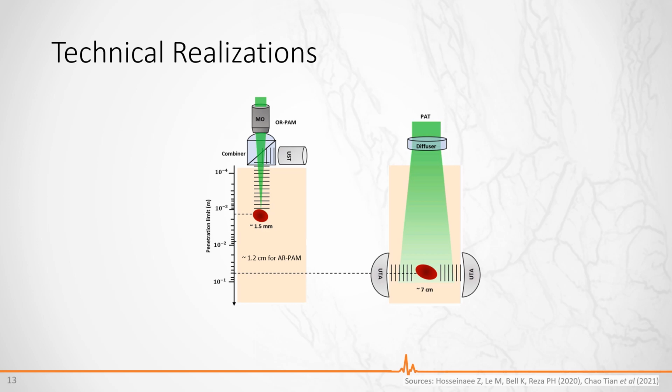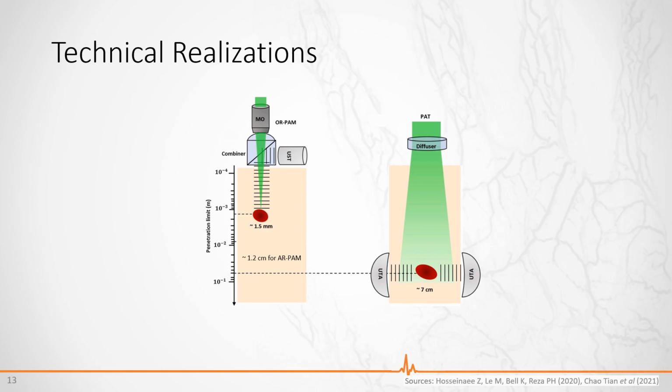And as you can already imagine, there's always a trade-off between the imaging depth and the resolution. The imaging depth is typically limited by scattering, refraction of light and sound, and the absorption of other substances than the target.